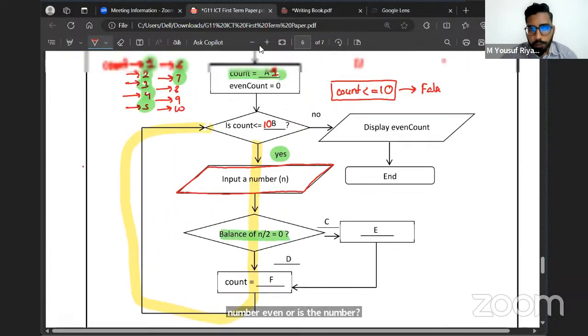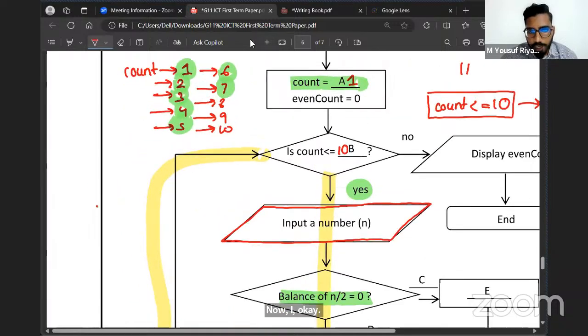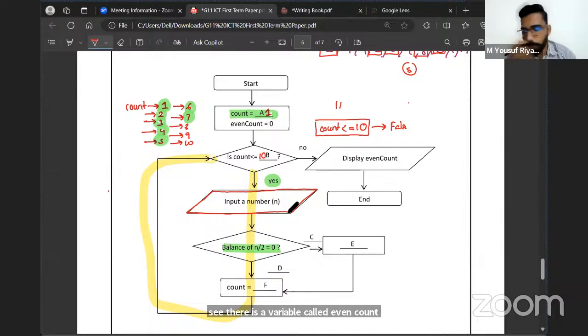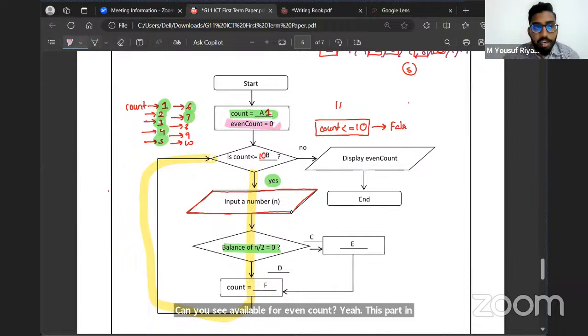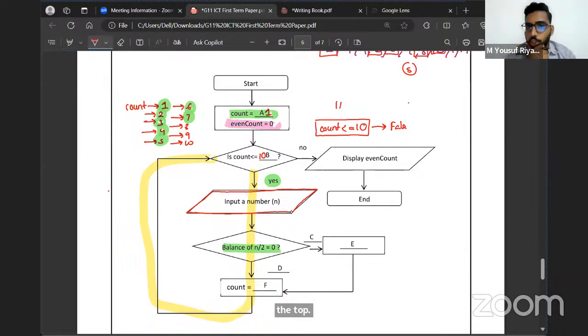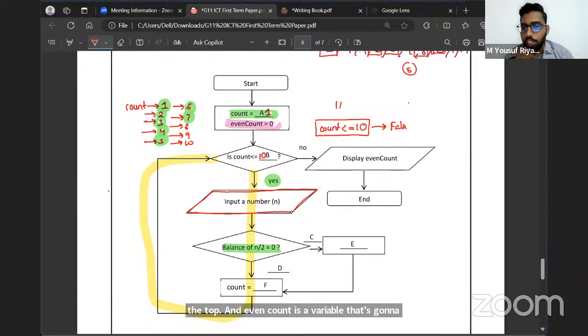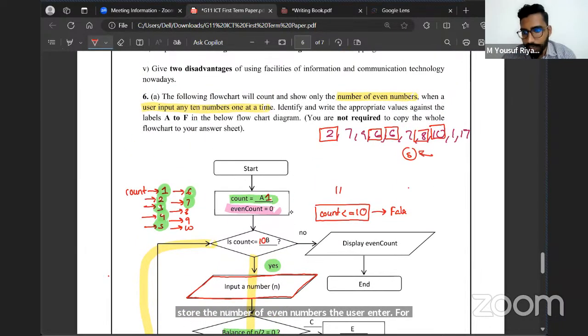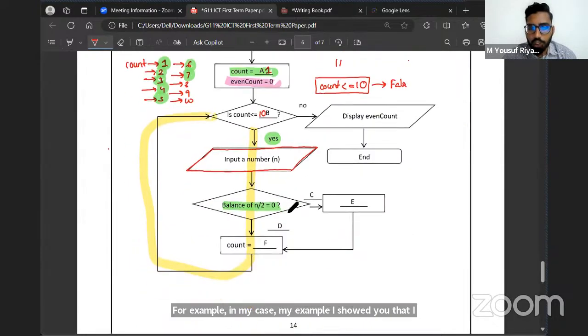Now if you notice this program, can you see there's a variable called even count? Can you see a variable called even count here, in the top pink color part? Even count is a variable that's going to store the number of even numbers the user has entered. For example, in my example I showed you that 5 is there, and to store that, it's going to use even count.